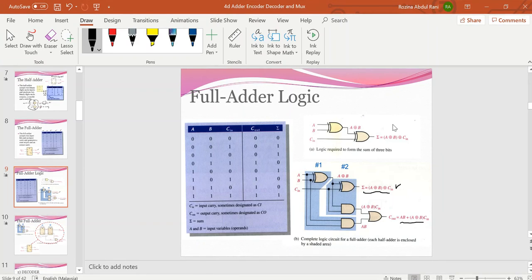A full adder can also be constructed from two half adders by connecting A and B to the input of one half adder, and then taking its sum output as one of the inputs to the second half adder, with Cin as its other input. So we can design it this way.